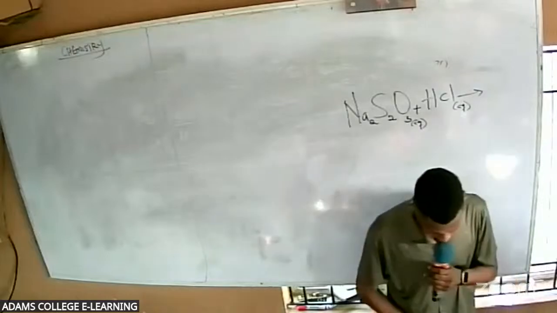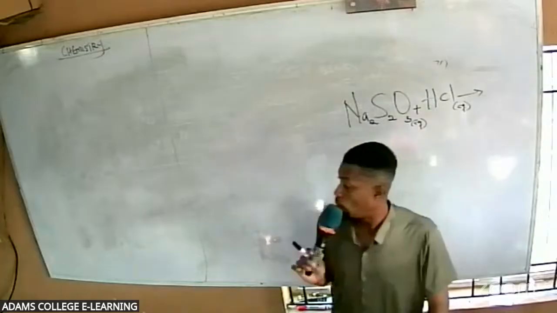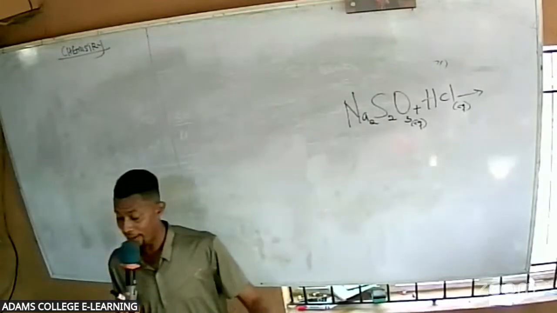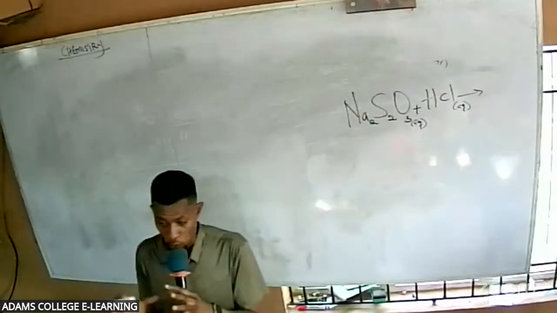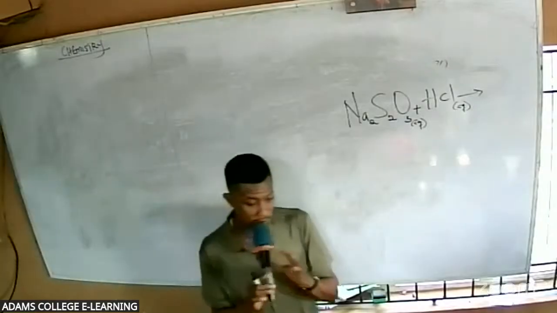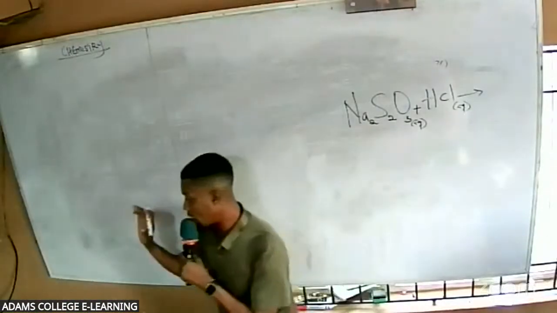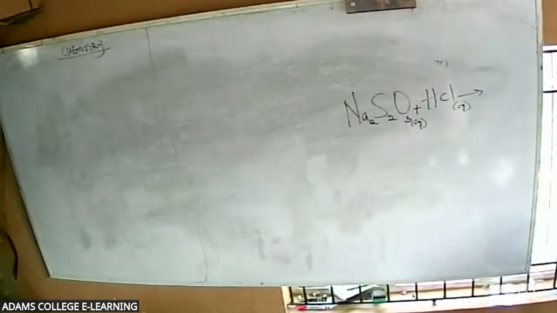I'm going to try as much as possible to run into a little bit of explanation while we look at those questions, because when you have your question, there might not be a direct statement like this, but it will still be under the same scope. Now, if you're following the class, you understand that there are two factors that affect the rate of chemical reaction.